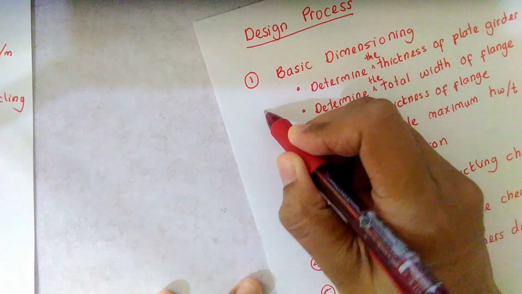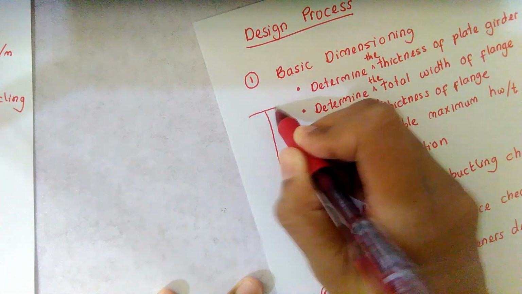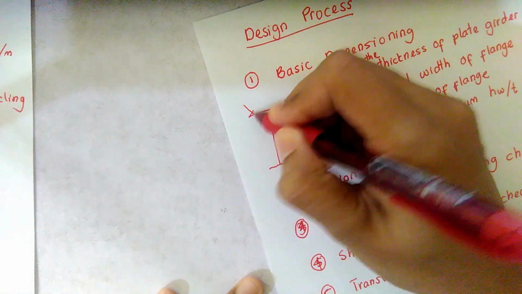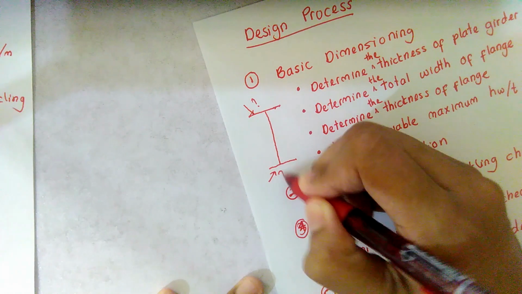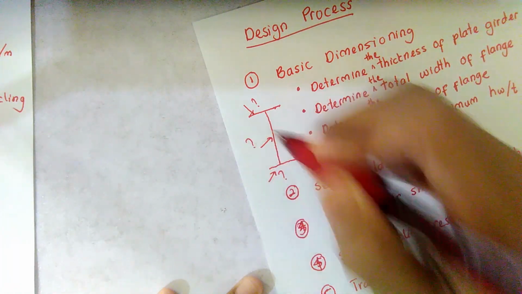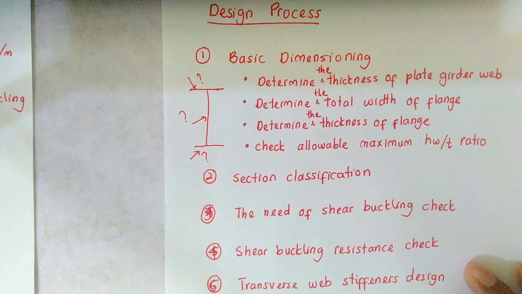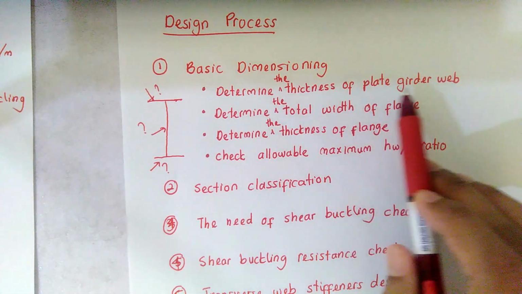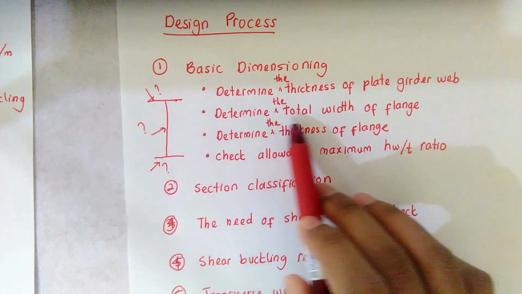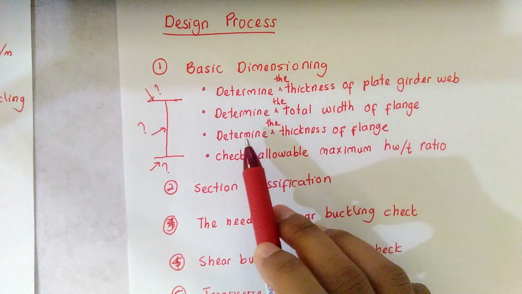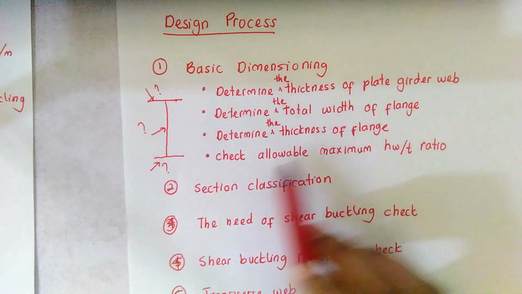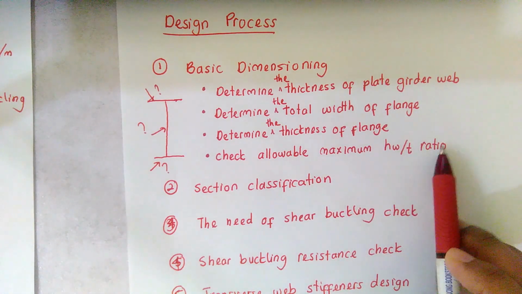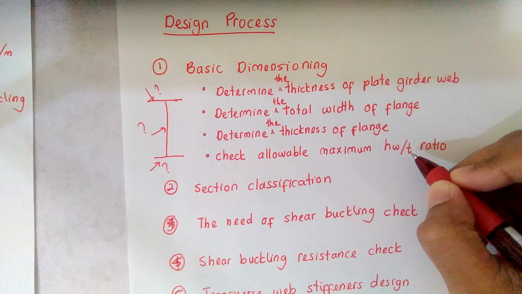So this is your plate girder, okay? You need to come up with the section size for the flange, and the section size for the web. Basically in the plate girder, you need to determine the thickness of the web, determine the total width of the flange, determine the thickness of the flange, and check the allowable maximum hw/t ratio, which is the slenderness ratio.